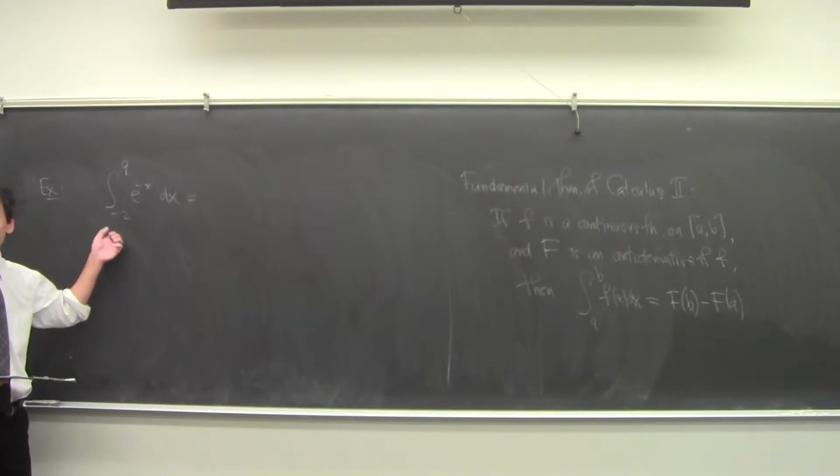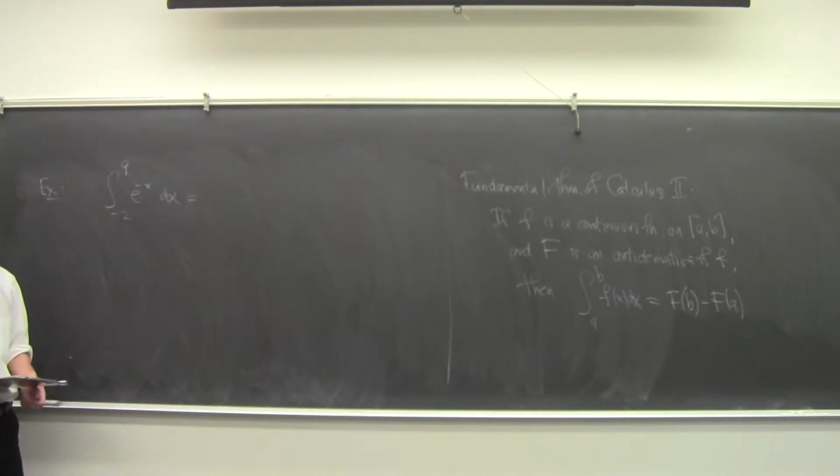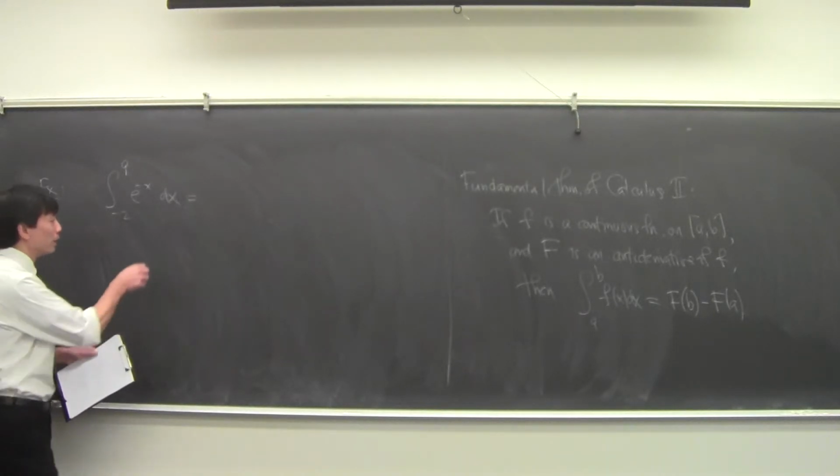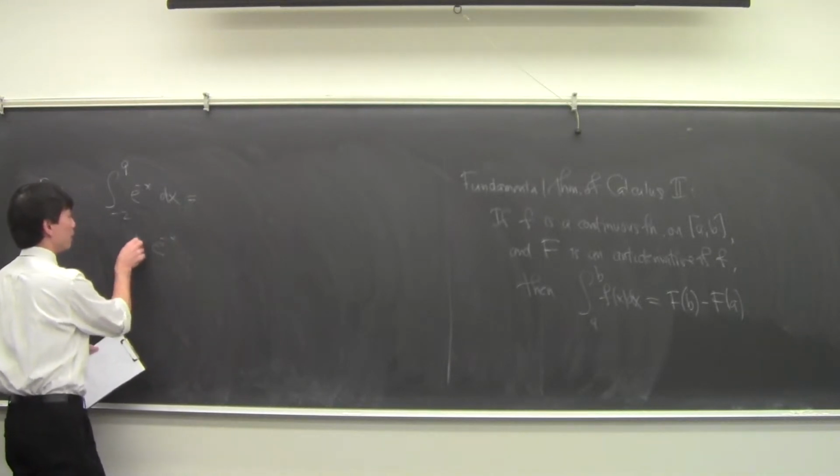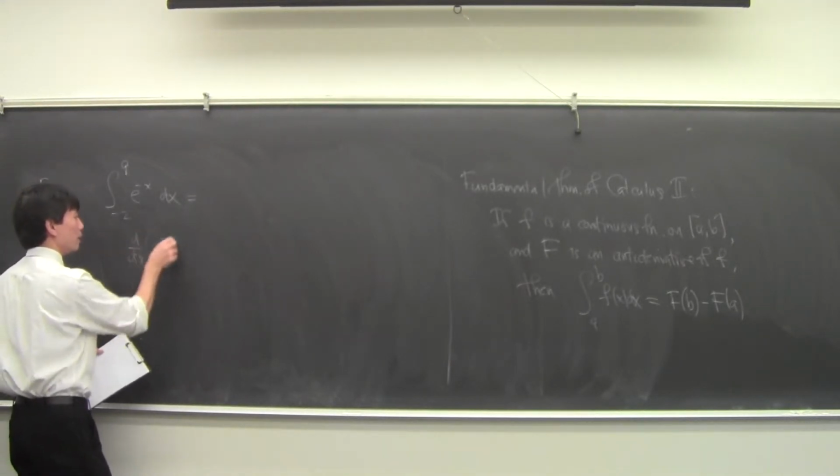How do you do it? So what's an antiderivative of e to the negative x? I'm not entirely sure how to do this, but I know that if you take the derivative of e to anything, it's just e to that thing.